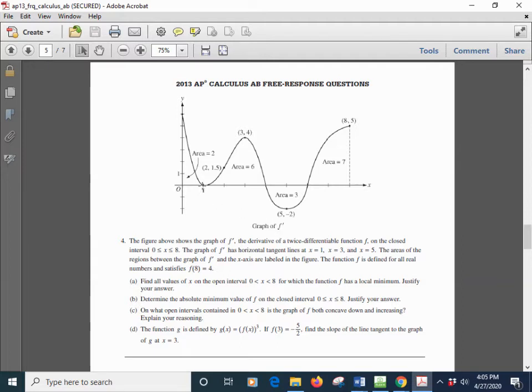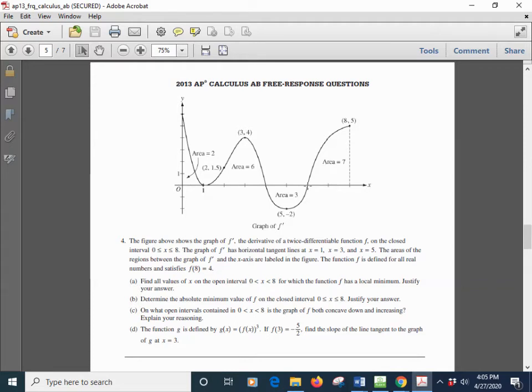That would be at 1, at 4, and at 3. I'm sorry, at 3, at 6. That is when f prime of x is equal to 0 at those x values. So those are our critical numbers. The first step is to identify the critical numbers.